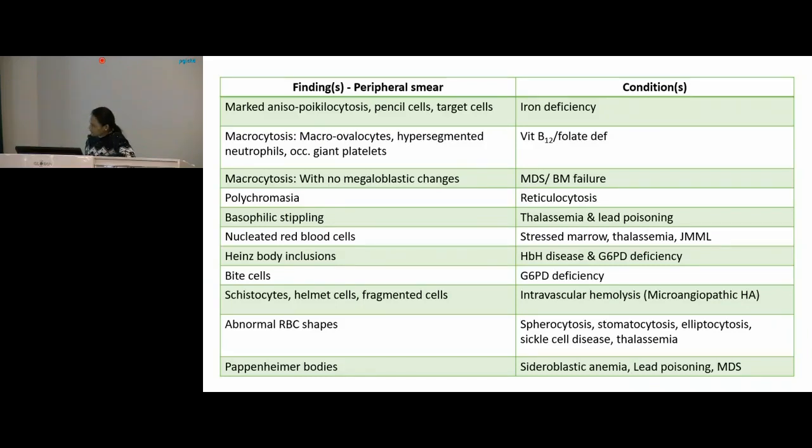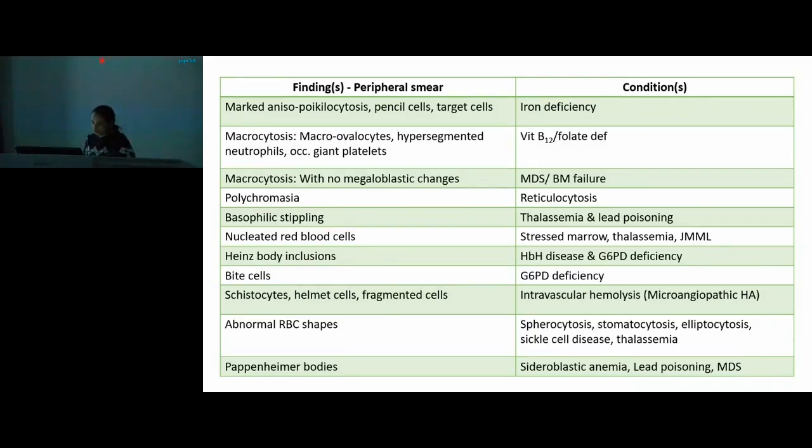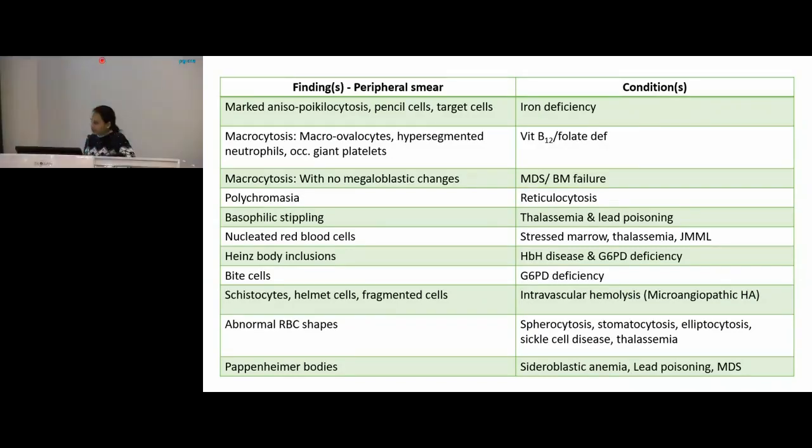Similarly, we can have bite cells. When you have denatured hemoglobin sitting in the RBCs, that is not a normal RBC, so the spleen tries to remove them from the circulation. In the process, sometimes the entire RBC is not engulfed, only a part of the surface is engulfed, and you get what is known as bite cells. So if that is present in the peripheral smear, again you should think of G6PD.